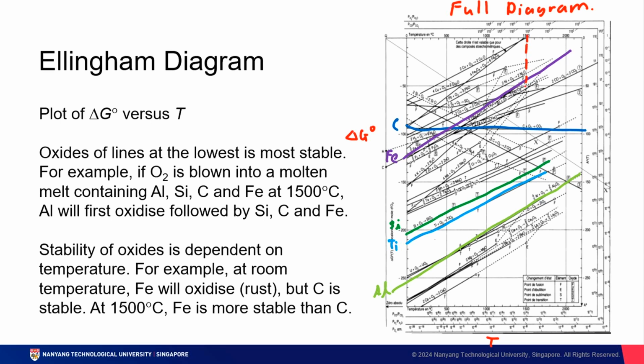Assuming you have a furnace that operates at 1500 degrees Celsius, if you were trying to perhaps extract pure silicon, you could throw in some aluminum and it will, because it's more stable, extract all the oxygen and reduce silicon dioxide to silicon.